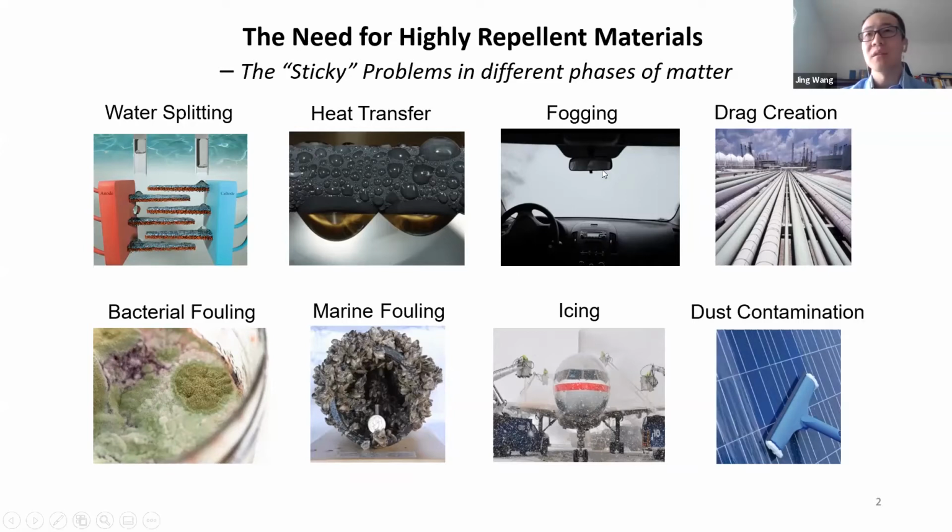Not to mention the fogging that happens on cars and also on our PPEs during this pandemic, on the goggles and face shields, and also in the oil and gas industry, where drag accumulates on the pipelines, and also bacteria fouling in hospitals, marine biofouling in maritime industries, icing in airplanes in the aviation industry or on cars, and dust contamination on solar panels that reduces the energy conversion efficiency.